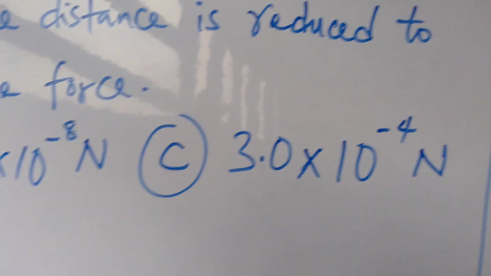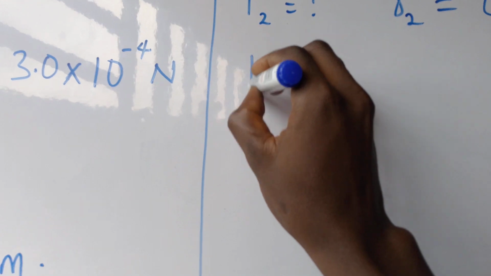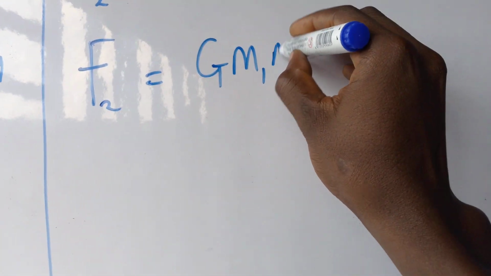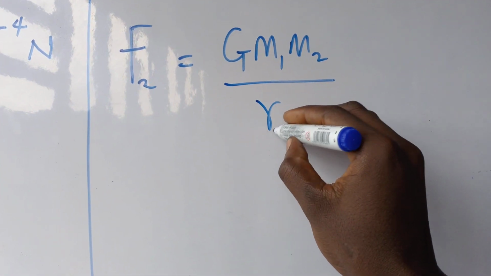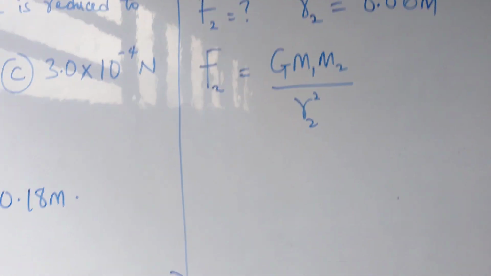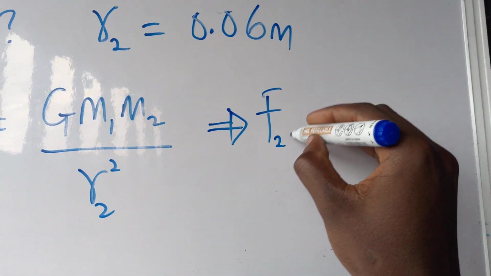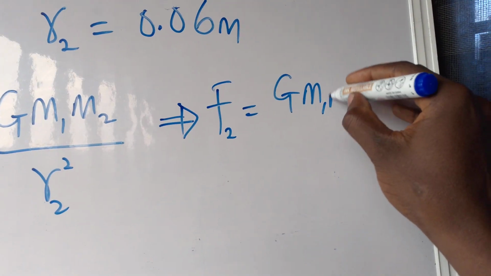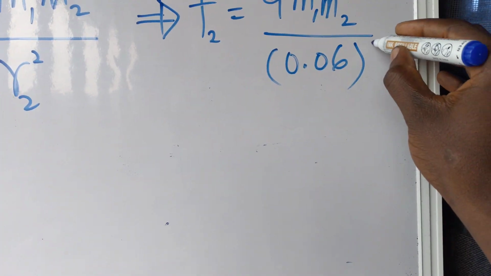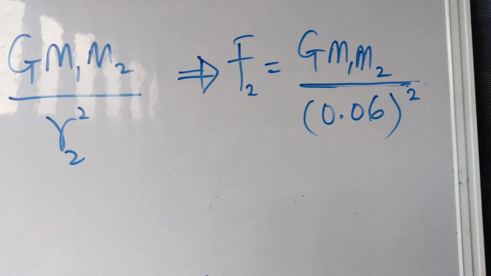value of the force. Alright, now you go back again to the formula. The formula is stated as F2 will be equals to G M1 M2 over R2 square. So this is the force we are looking for, and the distance was given to us as 0.06. This implies that F2 will be equals to G M1 M2 over 0.06 all raised to the power of 2, because there is a power 2 there.